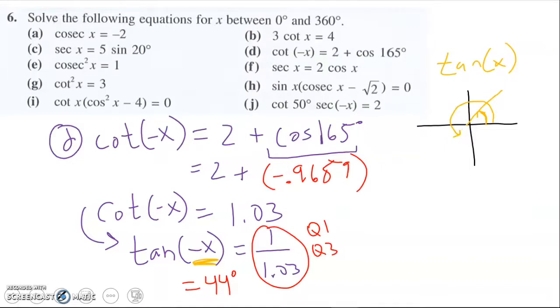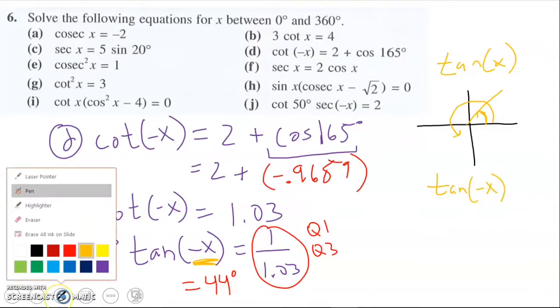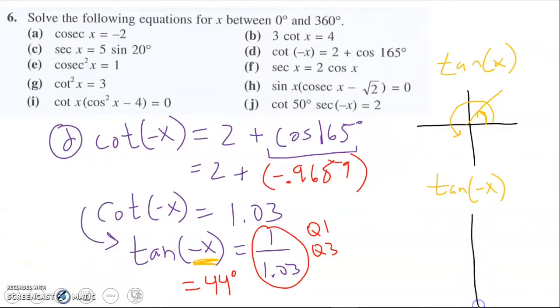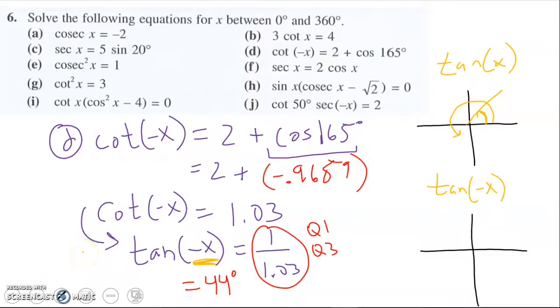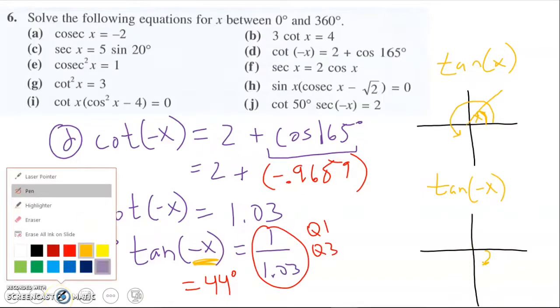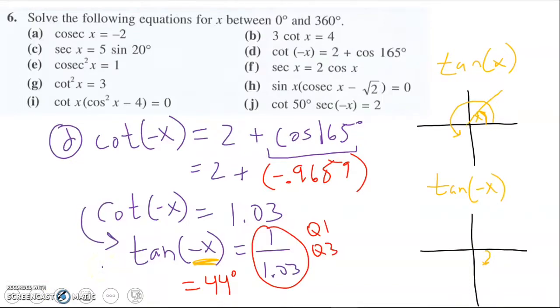Now again, I have to go in the opposite direction here, so I'm going to recreate my diagram, but I know it's going to go in the opposite direction. So instead of going in Q1, it's going to go in the opposite direction to Q2. So I know one of my angles is going to be right there.